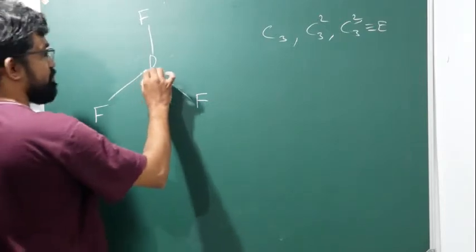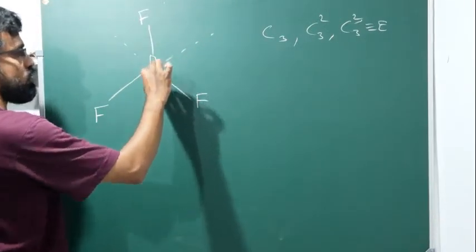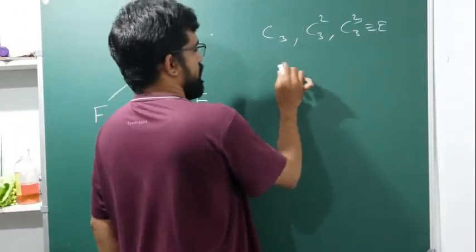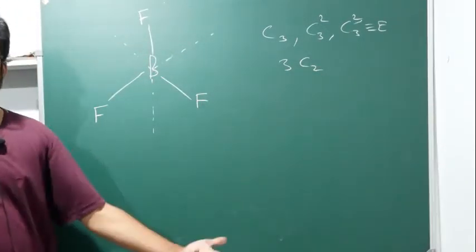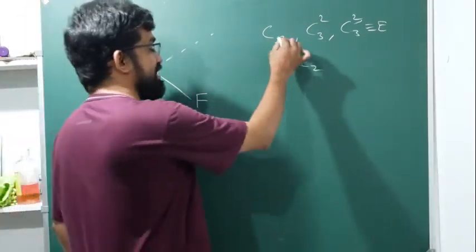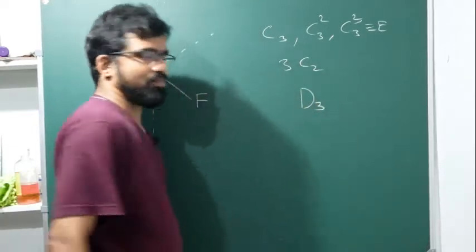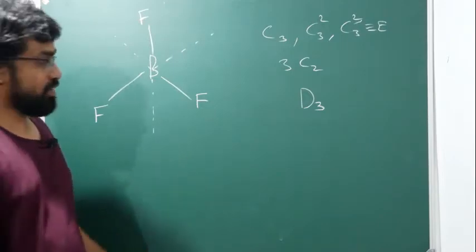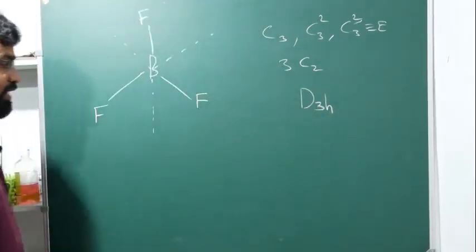How many C2s? 1, 2, 3, three C2s. So Cn and nC2s, that is C3 and 3 C2s, belongs to D3. Sigma H is there, so it is D3H.